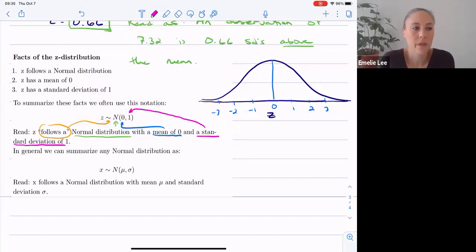Okay. So that's the shorthand that we use, and it summarizes things really succinctly, so we use it quite a bit, and we can use it in general too. So we can generalize to any normal distribution where an observation X follows a normal distribution with a mean mu and a standard deviation of sigma, right? And so we can use this notation just to summarize the distribution.